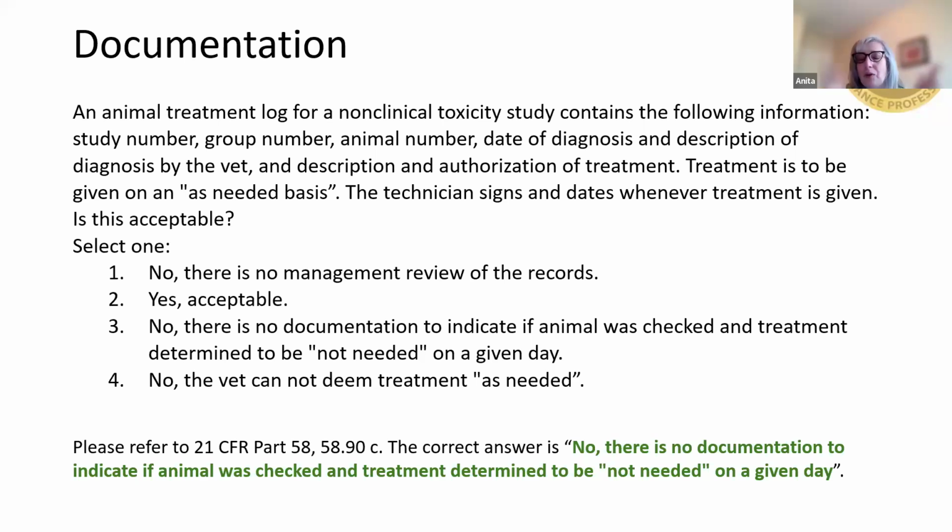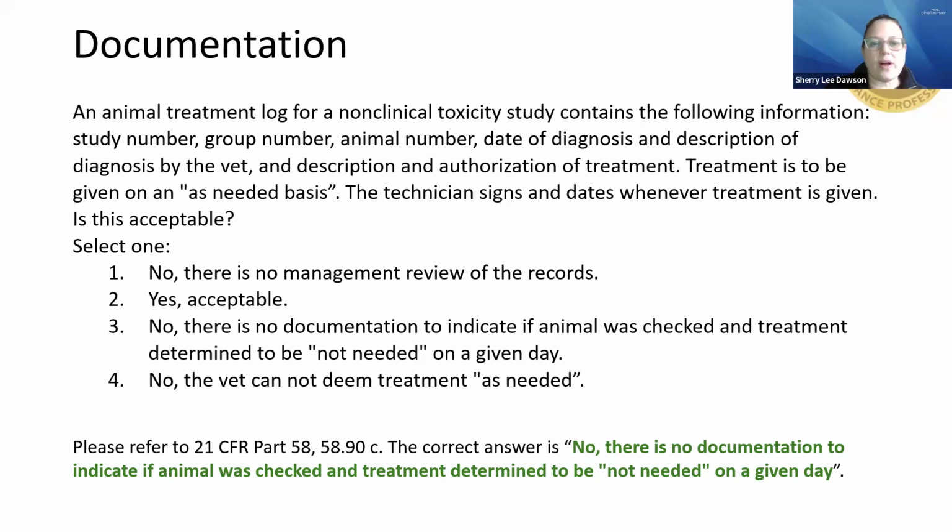I'm just going to say something silly: today I checked the animal did not have fever, therefore they did not need it, right? So you need to document that. Exactly. Go ahead, Sherry. That's what I was going to say.